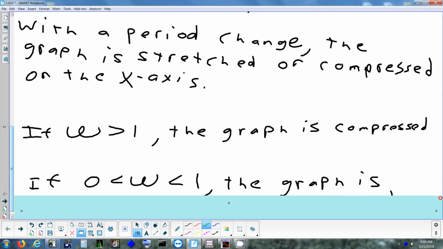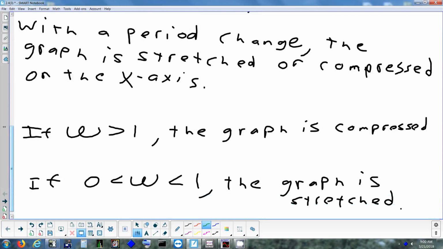If the number in front of x is between 0 and 1, then it will stretch. How much will it stretch? Well, it stretches by the reciprocal of the number. So if you put a 1/2 in front, 1/2 will stretch it double. If you put a 1/3, it would stretch it triple. 1/5, stretch it 5 times as much.